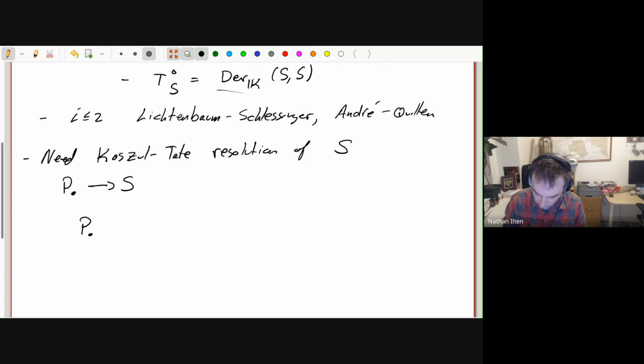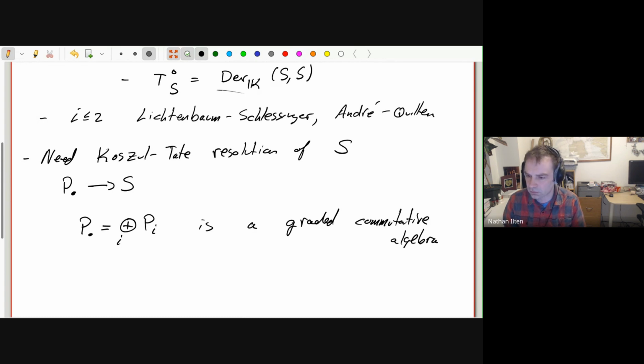This is a graded commutative algebra. So everything is over our field K. What does that mean? That means it's going to be some direct sum. Here I'm going to use homological convention, so my indices are going to be non-negative.